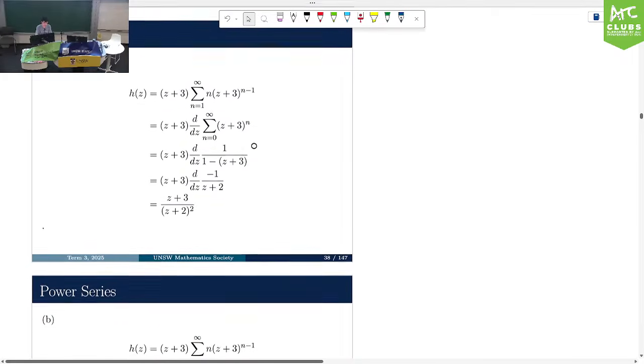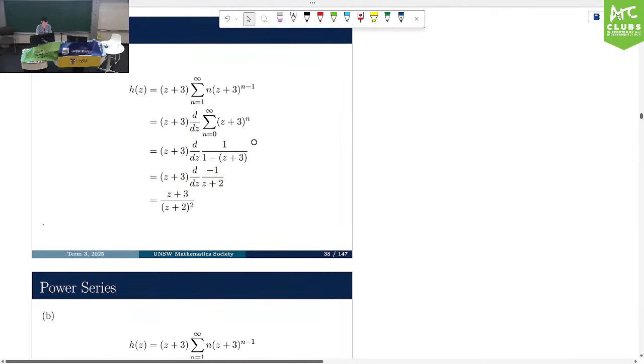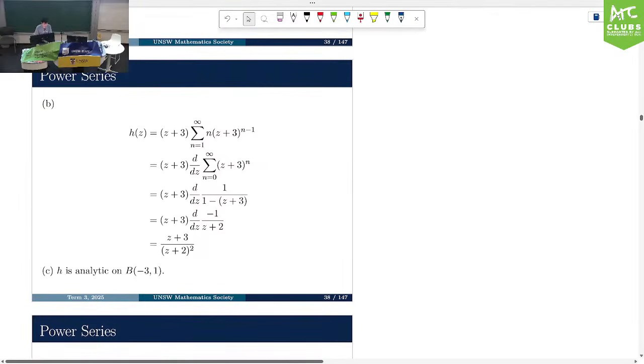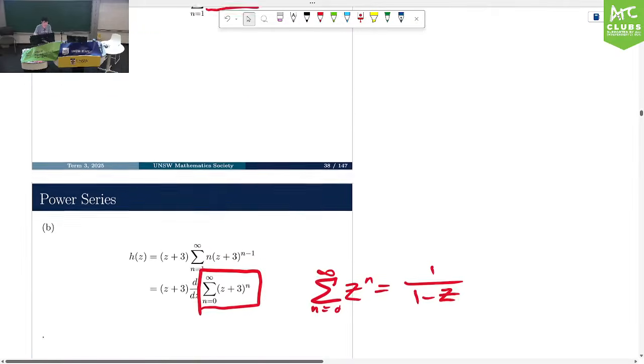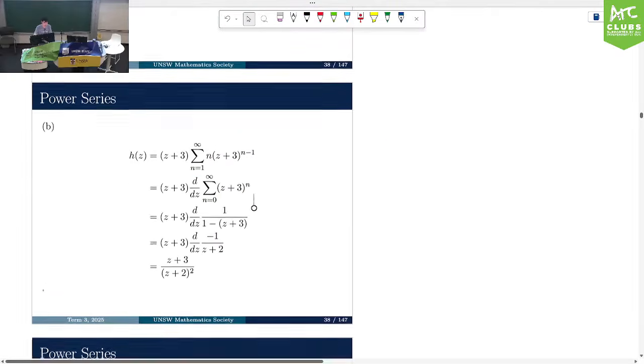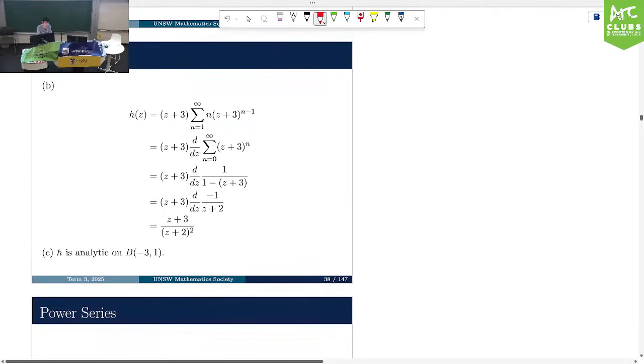Then we can differentiate it to get this expression over here. So that's h of z in much cleaner form. And it's going to be analytic whenever the power series converges. As you can see here, the power series converges at center minus 3 and radius 1. So that's basically where it's going to be analytic.